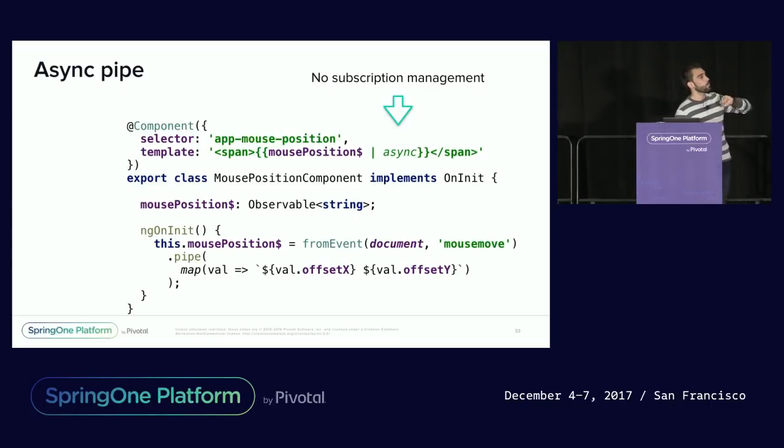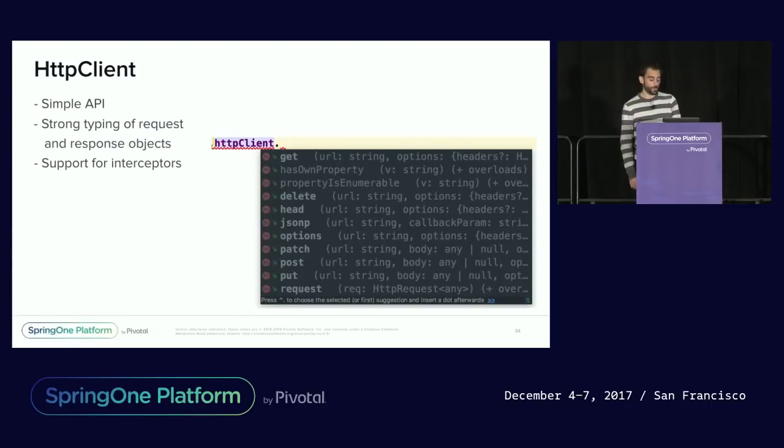So notice how I'm referencing the mouse position in the template, and I'm using the async pipe. So this will subscribe to the observable, and it will unsubscribe from the observable when the component is done. So notice how we are not doing any subscription management, much better than the previous approach.